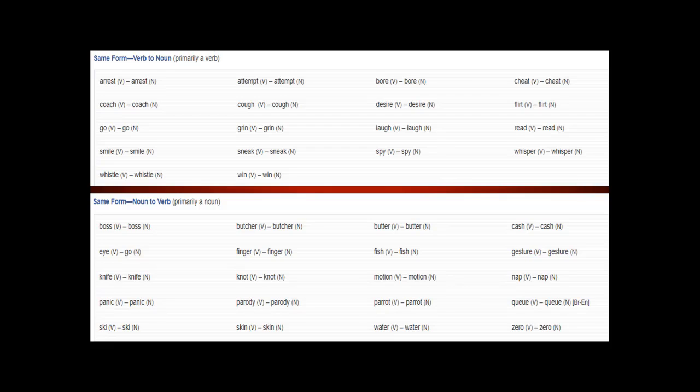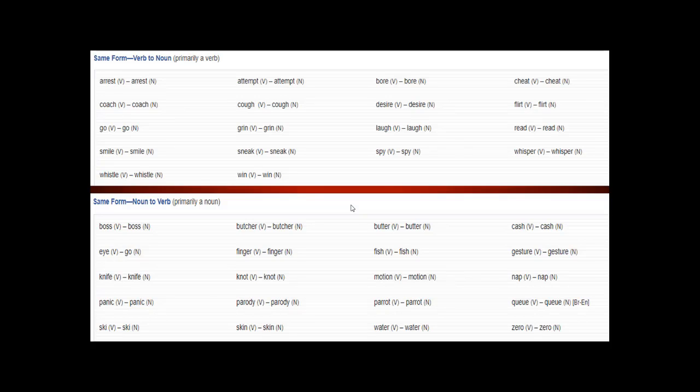Sometimes we use the same form of the verb for the noun, like arrest and arrest, like win and win, like desire and desire. So initially we have a verb and we use the same word to refer to the noun.